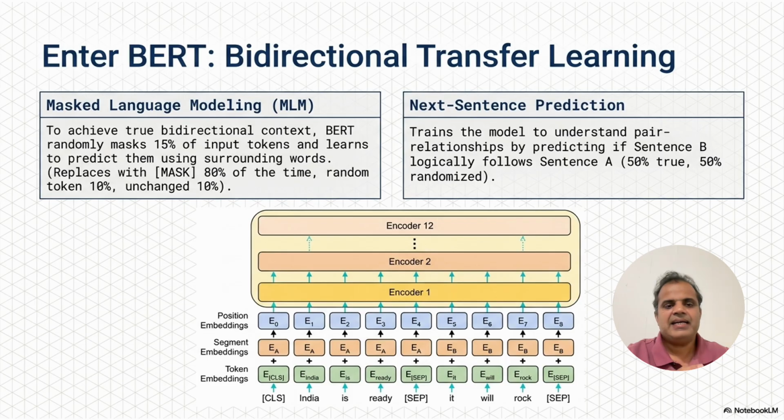Second, next sentence prediction, which trains the model to understand pair relationships by determining if sentence B logically follows sentence A. This is backed by a rich embedding stack combining token, segment, and positional data.